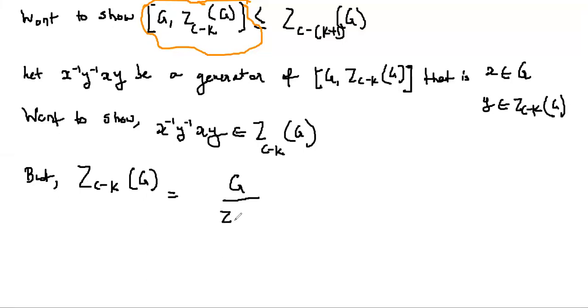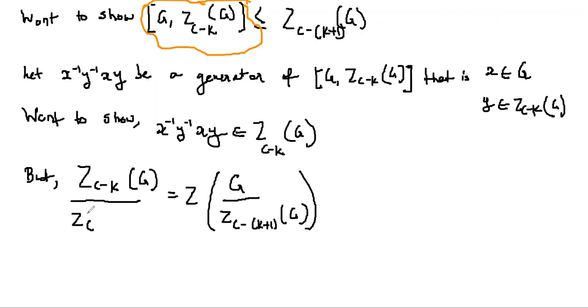What is the previous term? That is Z_{c-k-1} G. Then we take the center of this quotient, and this will be a subgroup of the form something quotient Z_{c-k-1} G. That is how it is defined.